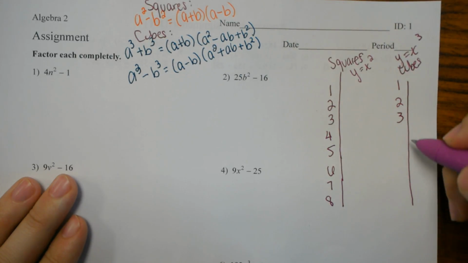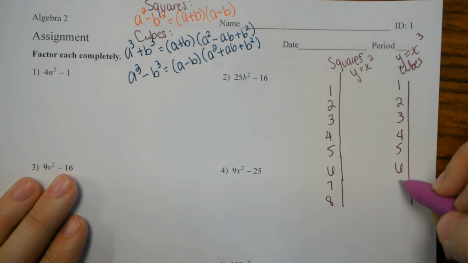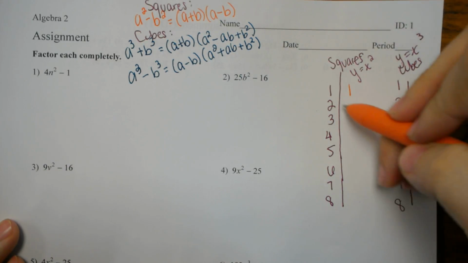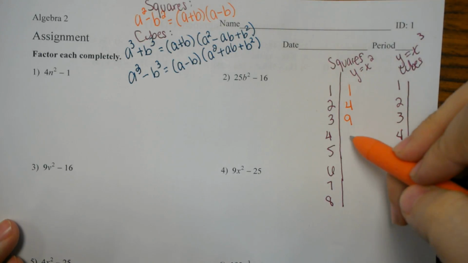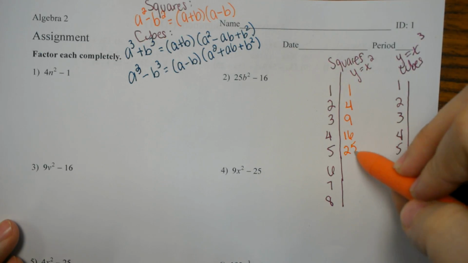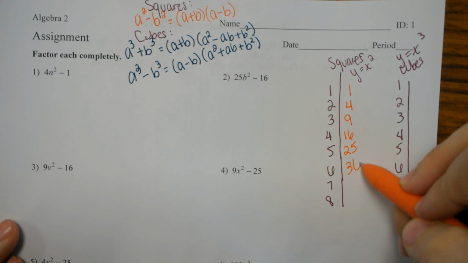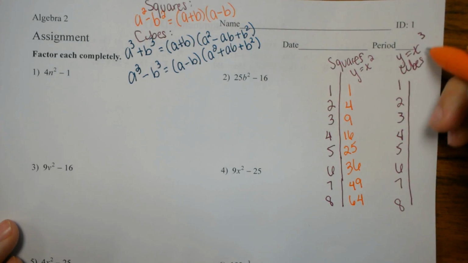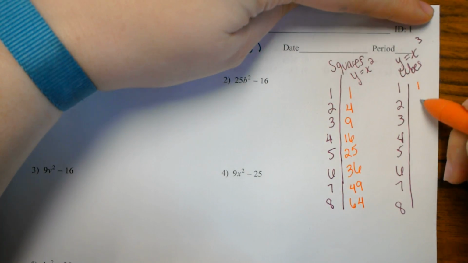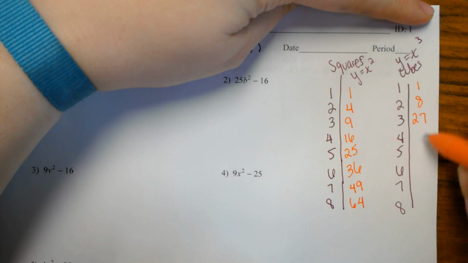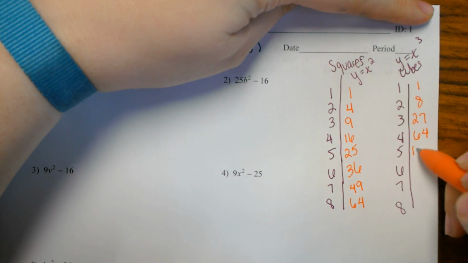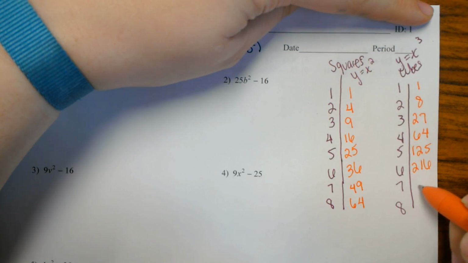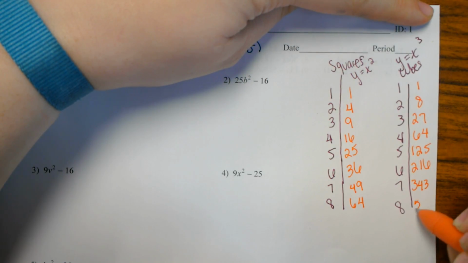When you square 1, you get 1. 2 is 4, 3 is 9, 4 is 16, 5 is 25, 6 is 36, 7 is 49, and 8 is 64. When you cube, 1 you get 1, 2 is 8, 3 is 27, 4 is 64, 5 is 125, 6 is 216, 7 is 343, and 8 is 512.